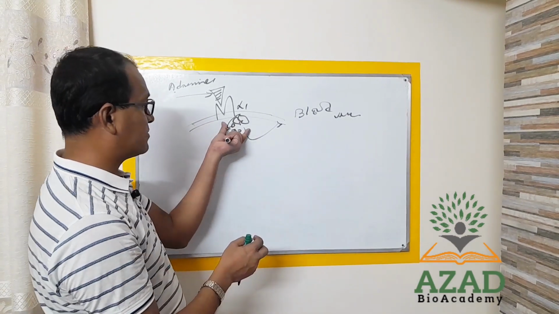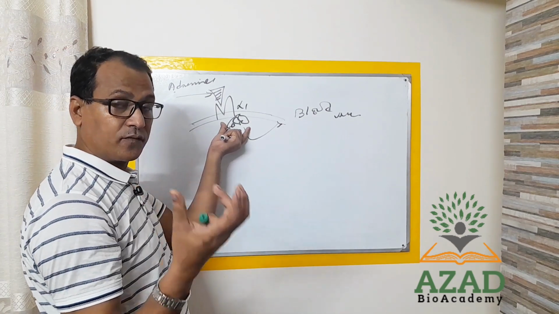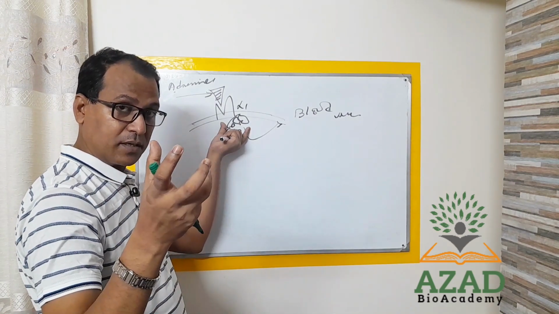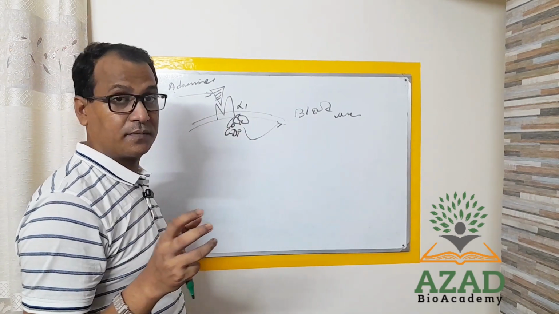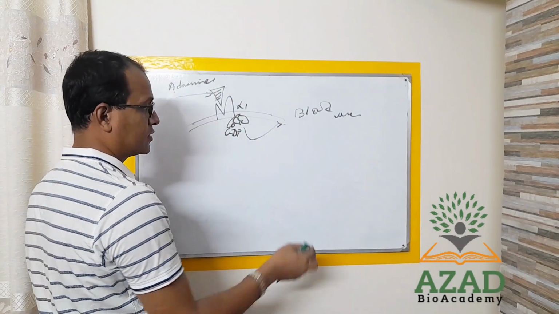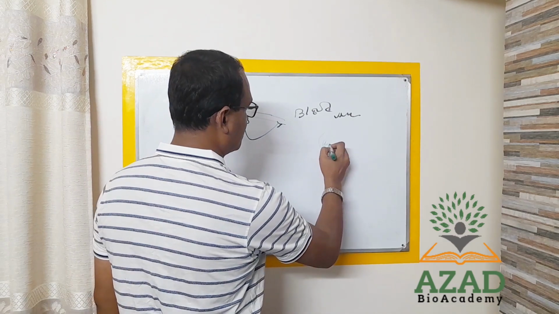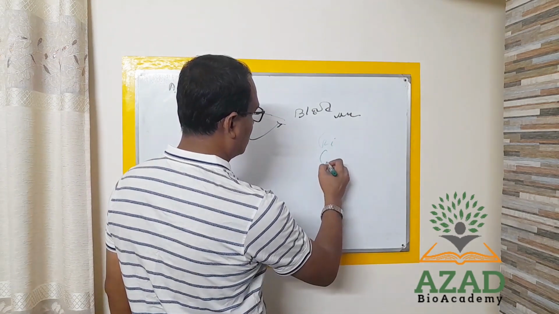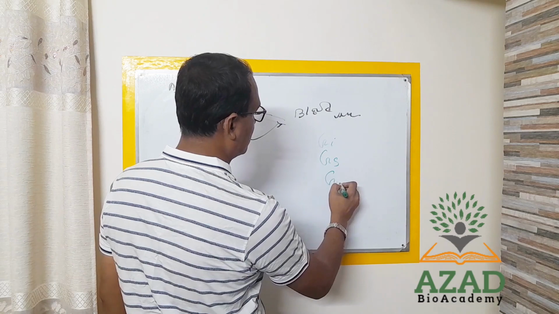G proteins are composed of alpha, beta, gamma heterotrimer, but mainly we will consider three: one is G-I, second is G-S, and third is G-Q.